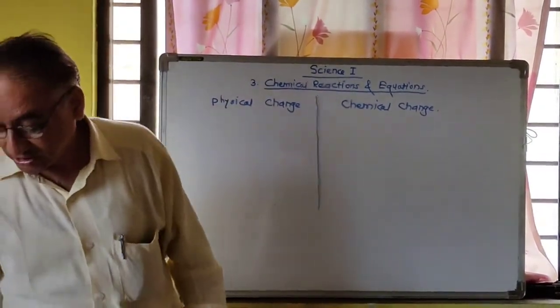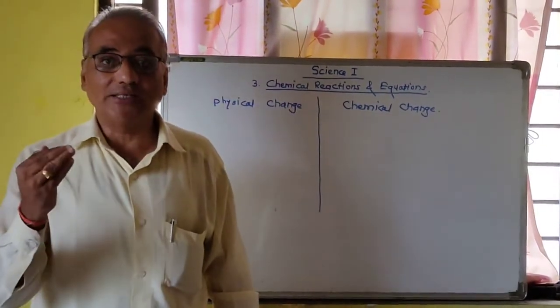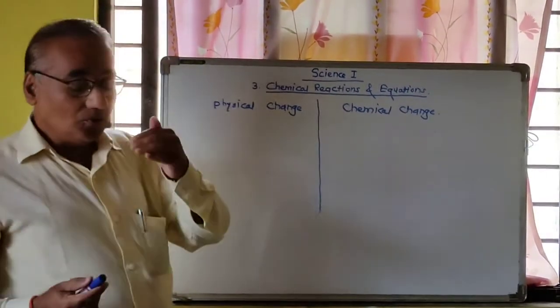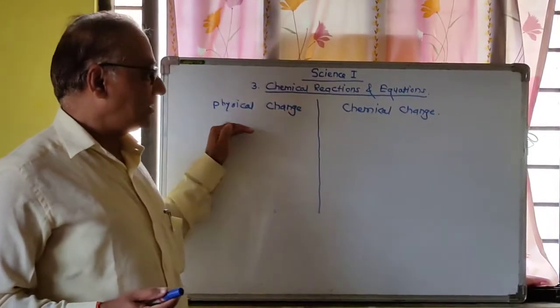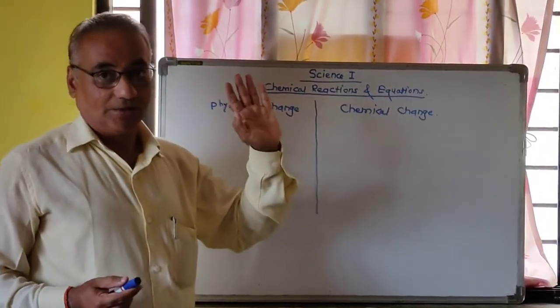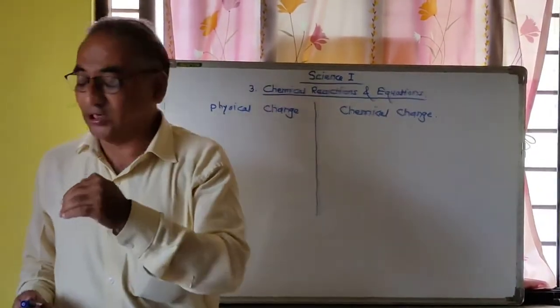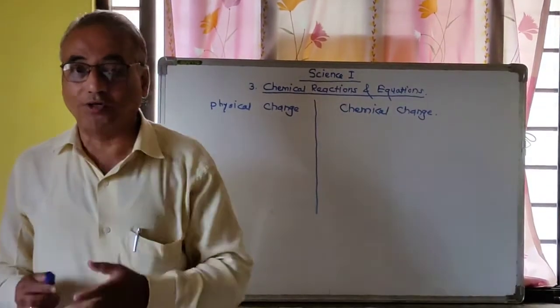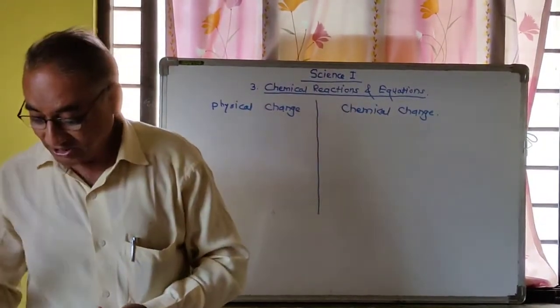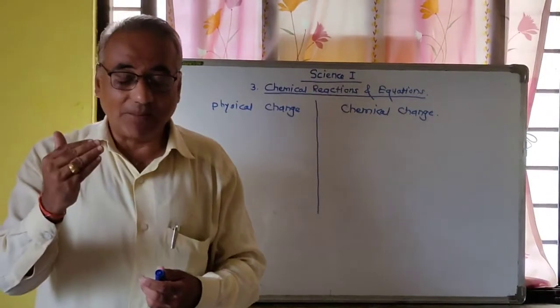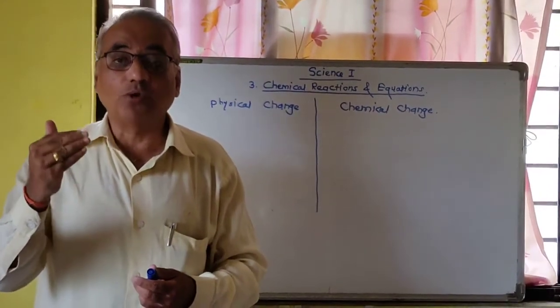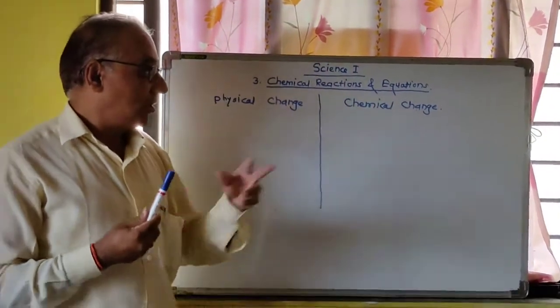The first one is the transformation of ice into water. We have to decide whether it is a physical change or a chemical change. When ice is transformed into water, it is called a physical change. Second example: cooking of food. Is it a physical or chemical change?